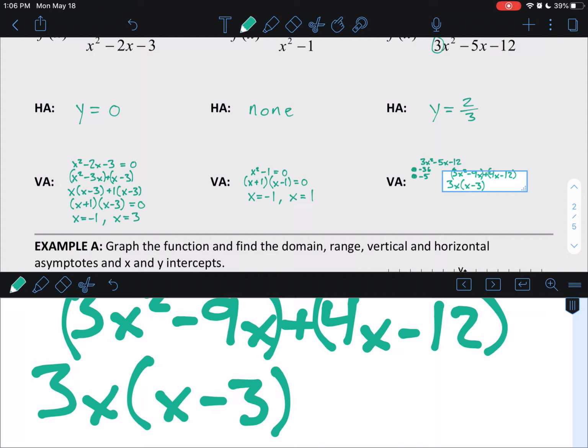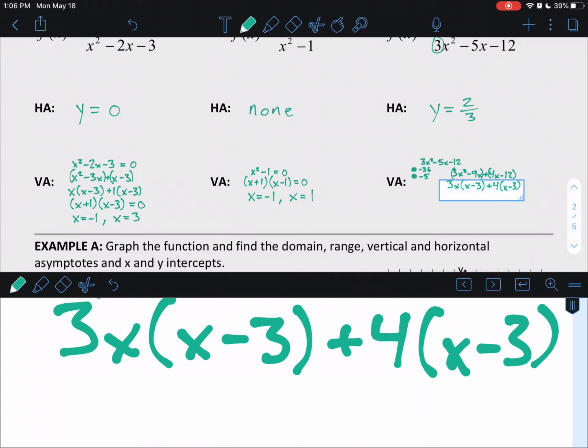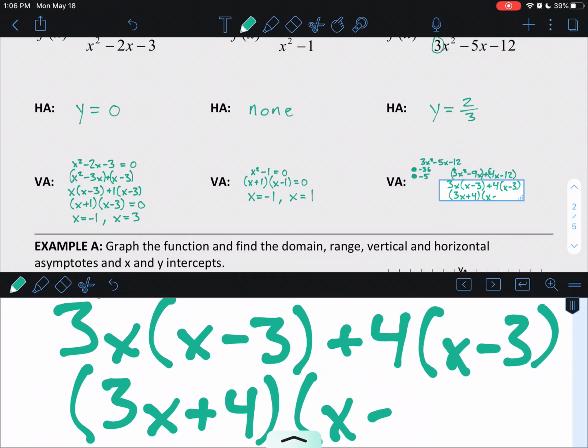And between 4x and negative 12, I can pull out a 4, and I'm left with x minus 3. So that gives me 3x plus 4 times x minus 3.